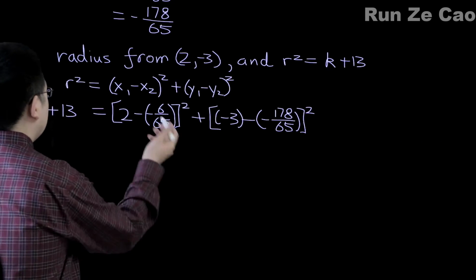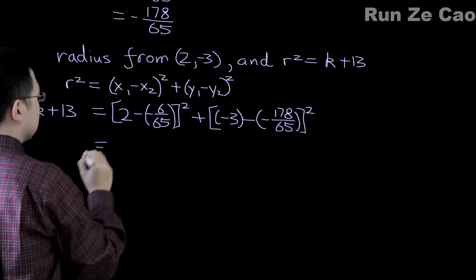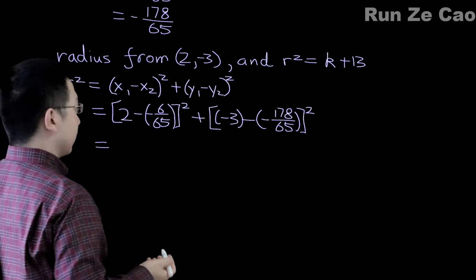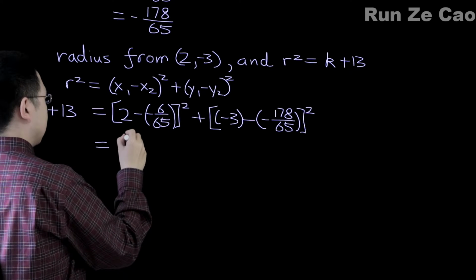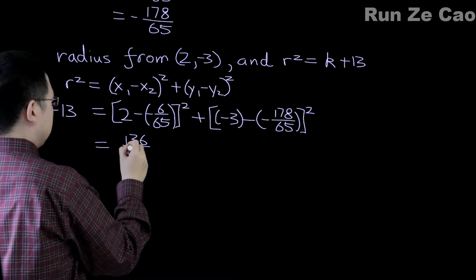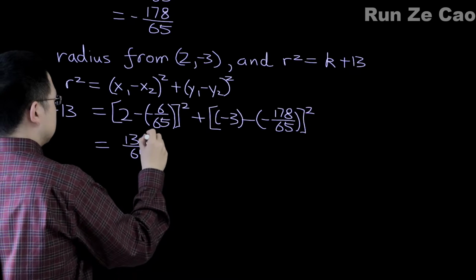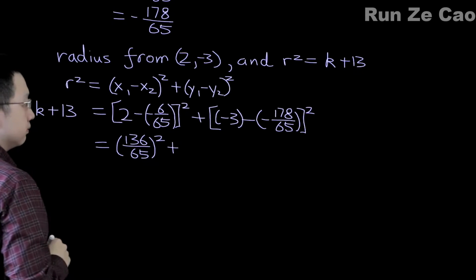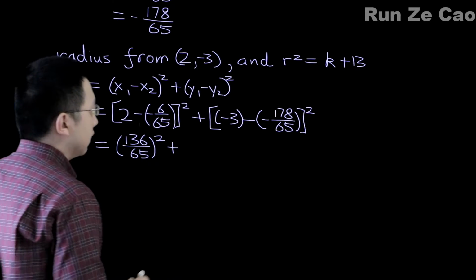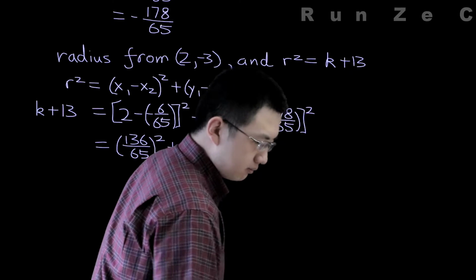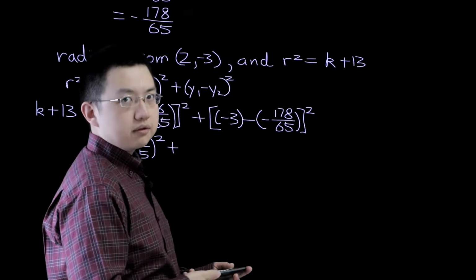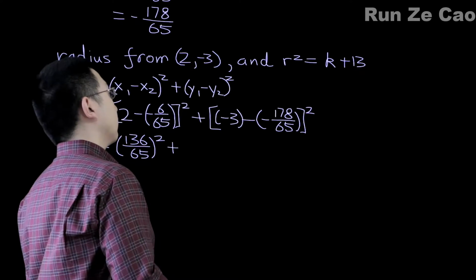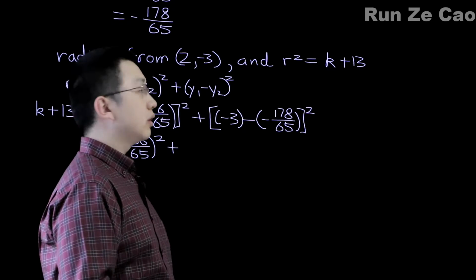So we're looking at, well, 2 is 130 over 65, so 136 over 65 squared plus negative 3 minus that. Well, what is negative 3? 65 times 3, well, 60 times 3 is 180, 5 times 3 is 15, so 195.